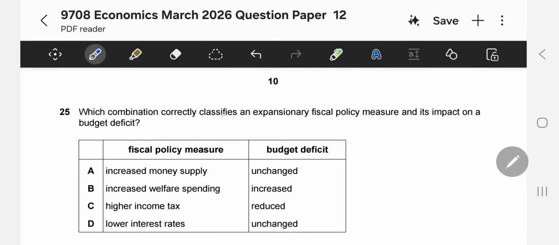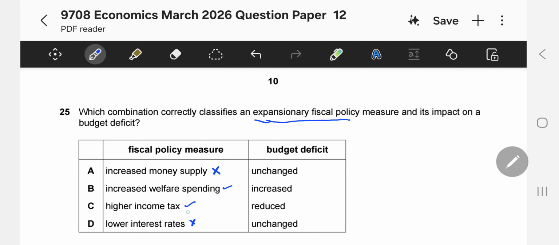Which combination correctly classifies an expansionary fiscal policy measure and its impact on a budget deficit? Okay, so it's going to be a fiscal policy which is expansionary. So we need to look for that. So this is not fiscal policy. This could be fiscal because this is government spending. High income tax could be fiscal, but interest rates is not fiscal. Okay, so let's look at expansionary.